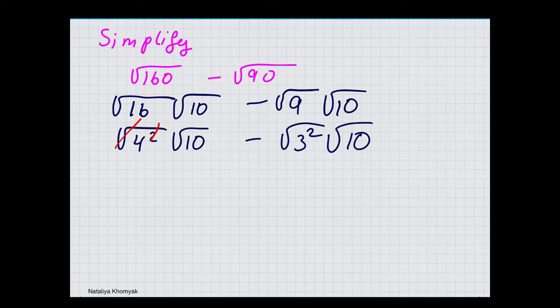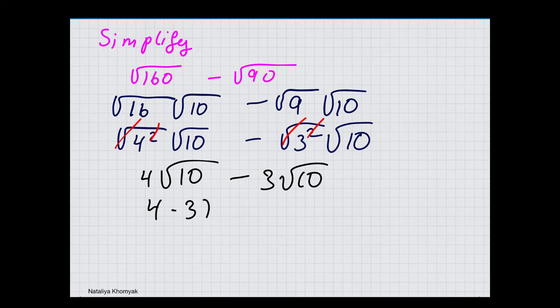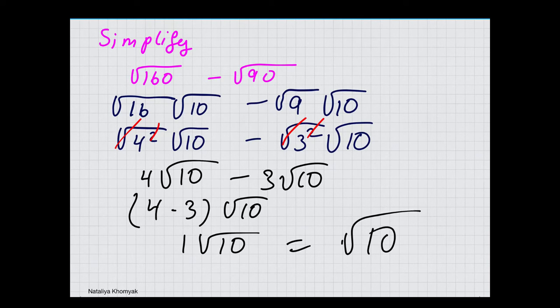Square root and the second power cancels. And we have 4 radical 10 minus 3 radical 10. So that's a 4 minus 3 of radical 10, which will give us 1 radical 10, or just square root of 10. And this is our solution.